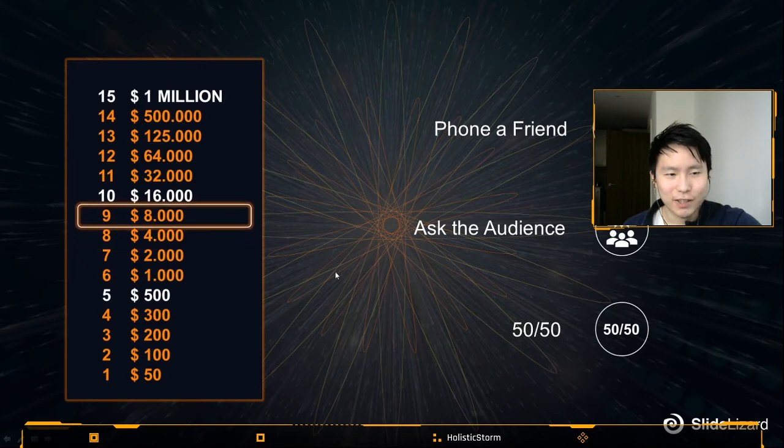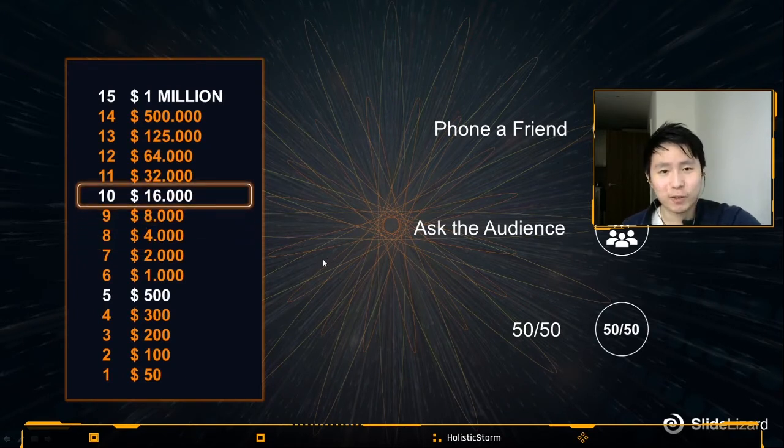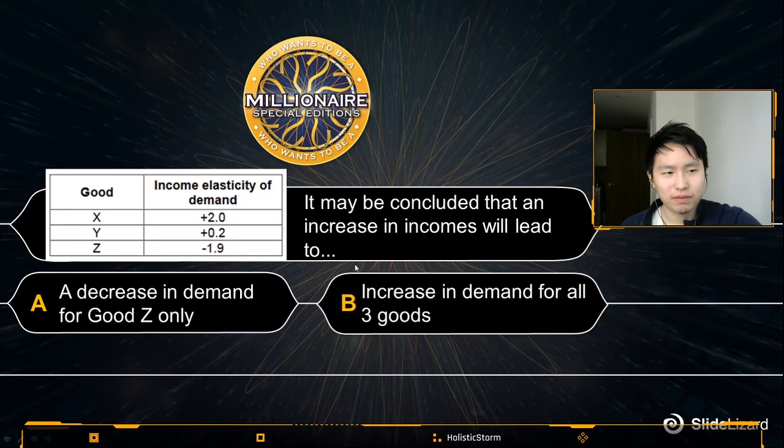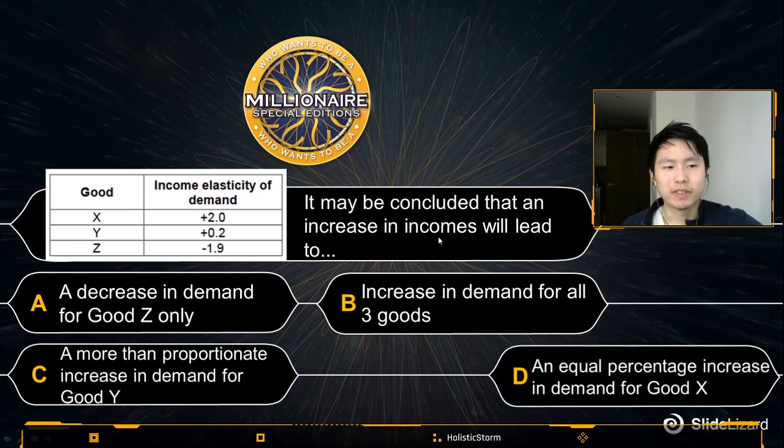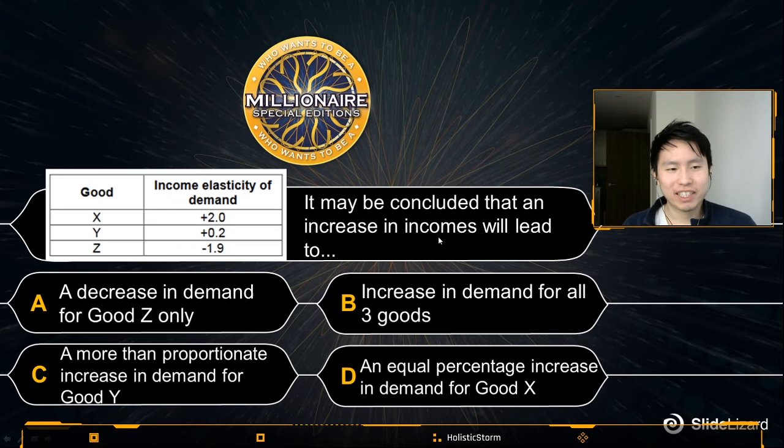Let's get on to the harder ones, shall we? So we've got 3 goods here with different income elasticities of demand.